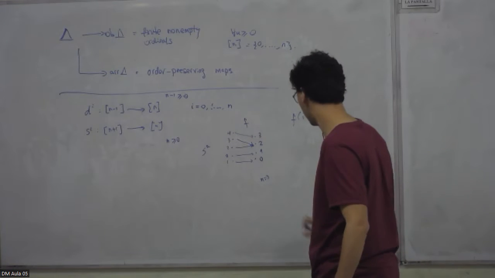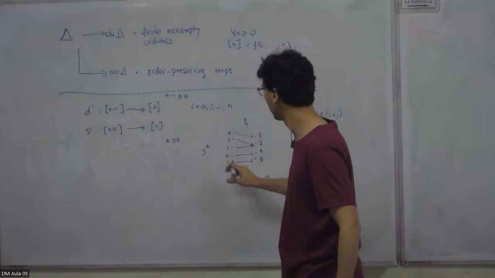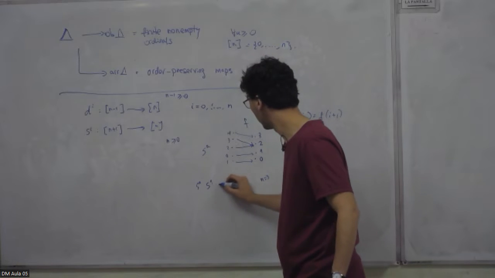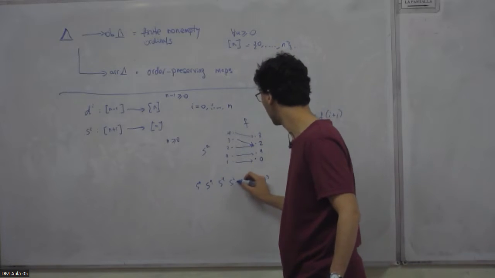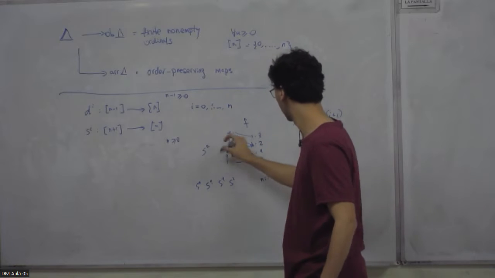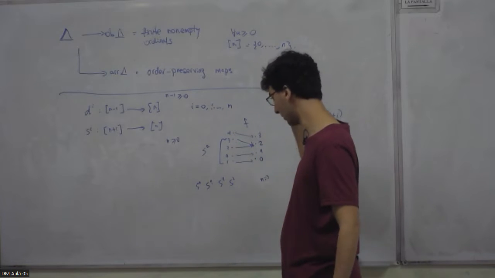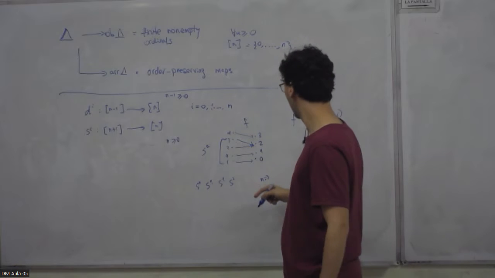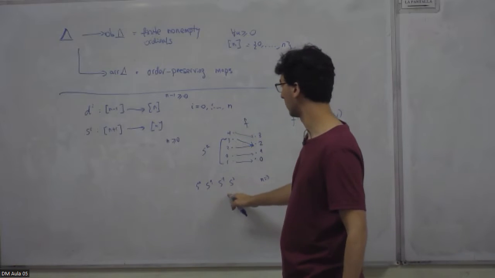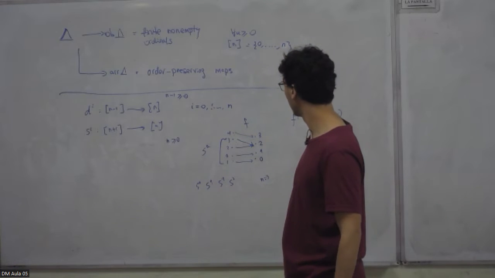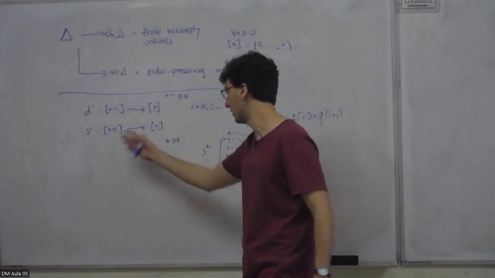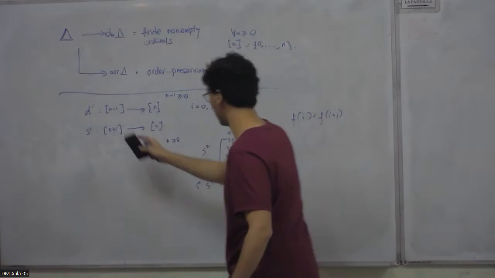Okay, so these are again all the possible, I mean, in this case we have S0, S1, S2, S3, and not S4, because the possible points at which I can have non-increasing conditions are these. These are all the surjective order preserving maps between any finite ordinal and the previous one.